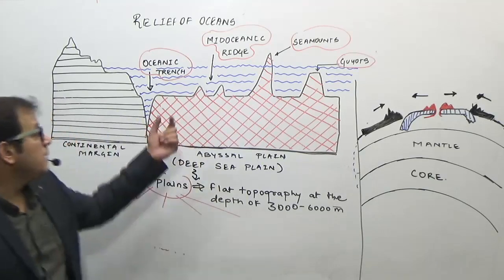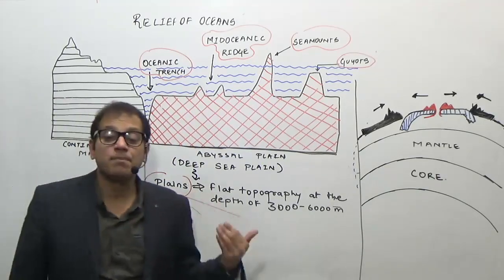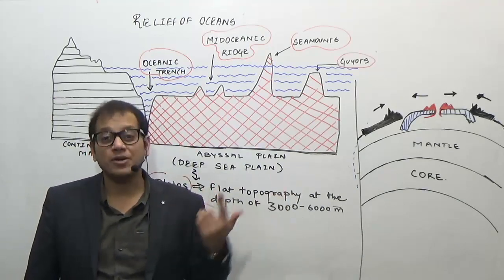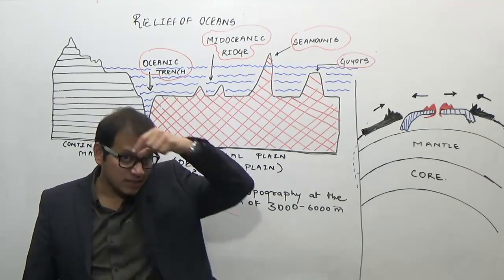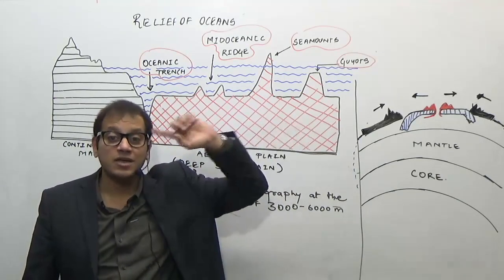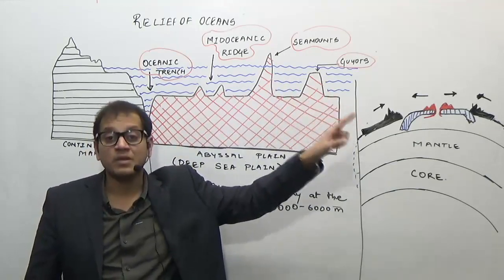ocean. Mid-oceanic ridges are the mountains which are parallel to each other, and these are long mountains. Therefore, they are known as ridges, because this is a continuous chain of mountains which are parallel to each other. Remember your geomorphology plate tectonics lecture.